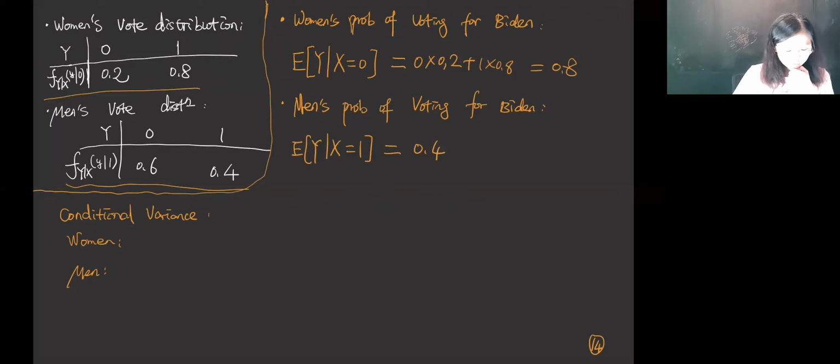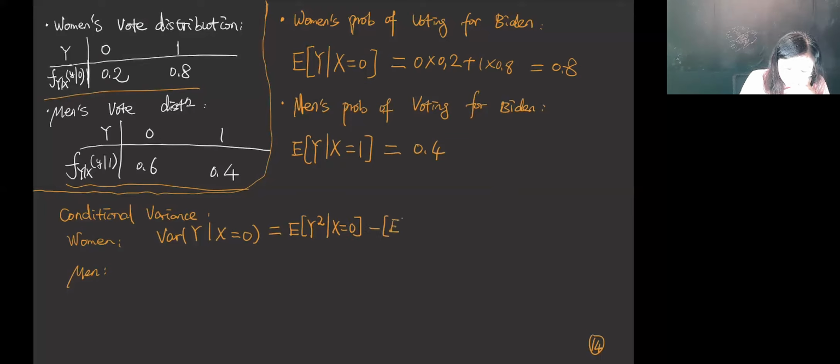We can also calculate the conditional variance of the vote distribution for both women and men. For women, the conditional variance of y given x equals 0 equals the variance of y. Remember, the variance of y can be written as the expected value of y squared minus the square of the expected value. This is a formula we learned for unconditional distribution, but it holds for conditional distribution as well.